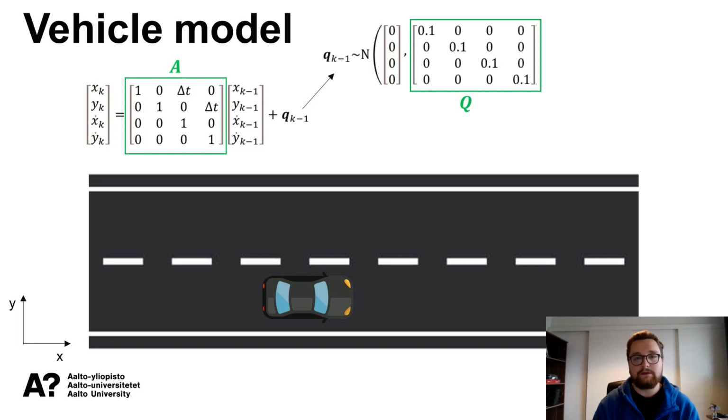Yeah, and now if you look at our model, we basically say that the matrix on the left, we call that A, and then the covariance matrix of the noise Q, we call that capital Q. That's basically everything we need from our model to perform the prediction step.